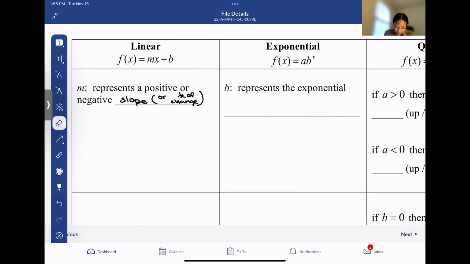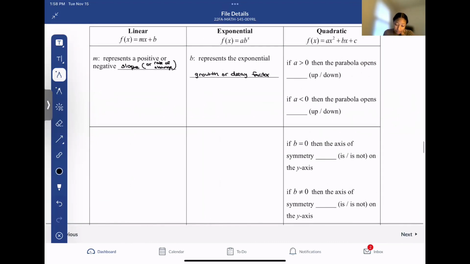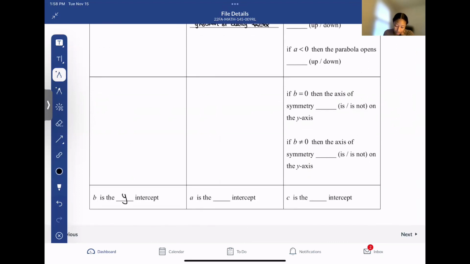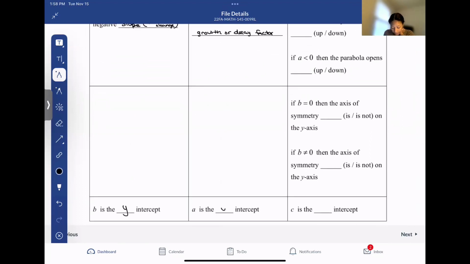For the exponential function, f of x equals a times b to the x, b was our base, and we said that represents the growth or decay factor. For a linear function, y equals mx plus b, the b told us the y-intercept. But for an exponential function, a times b to the x, the a told us the y-intercept.